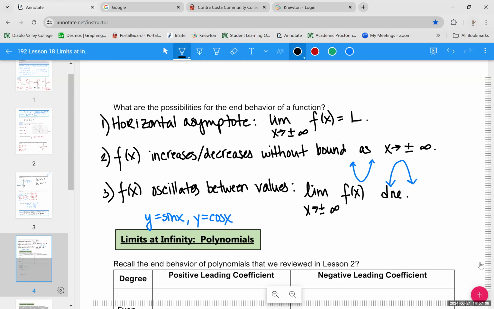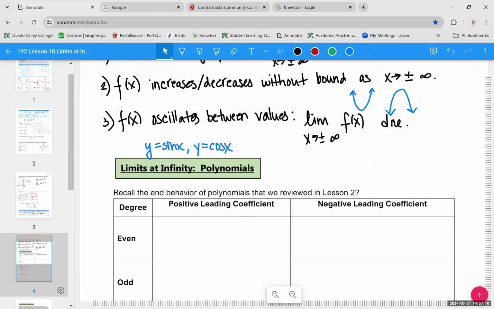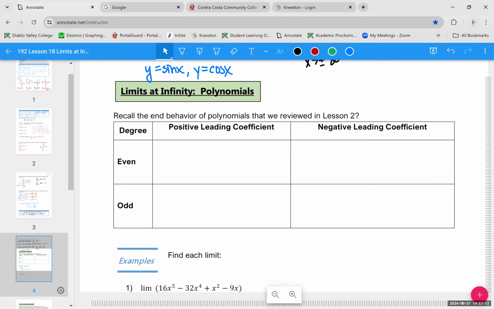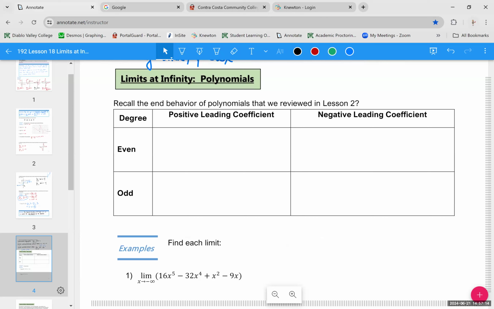There's no real number. Okay, so we're going to spend a little time going through the different types of functions we have and identifying their end behavior using this limit notation. So we already talked about polynomial end behavior in lesson 3, right? And it had to do with degree and leading coefficients. So if it was even degree, like x squared, and the leading coefficient is positive, remember that meant that it went up on both ends.